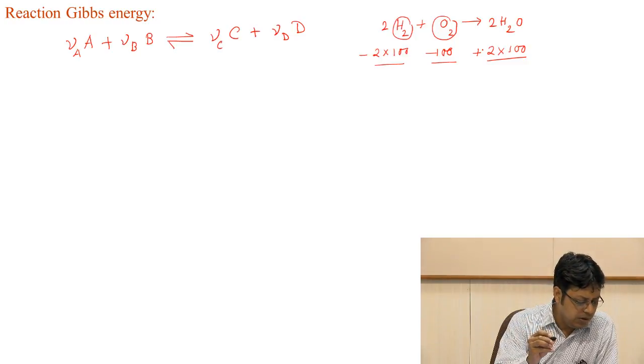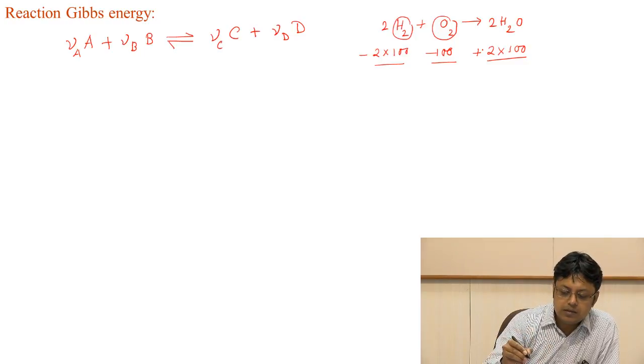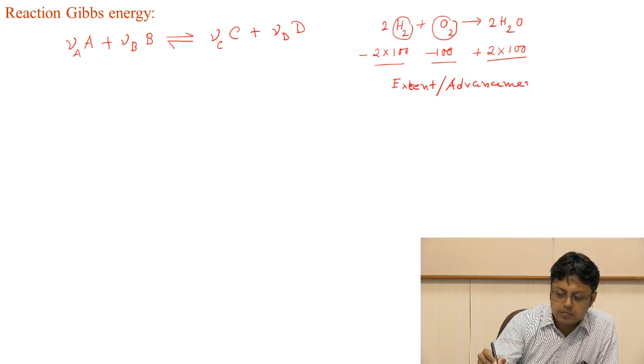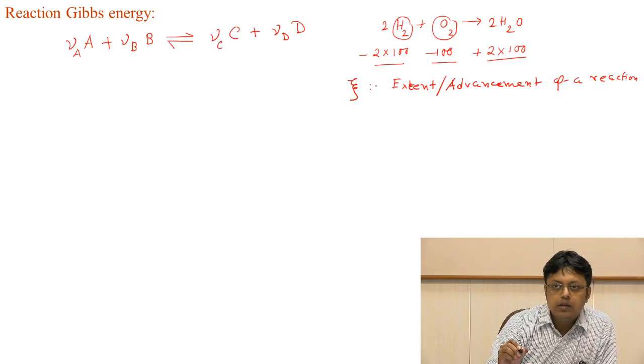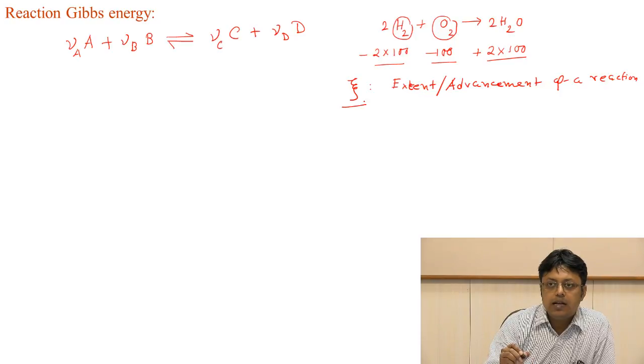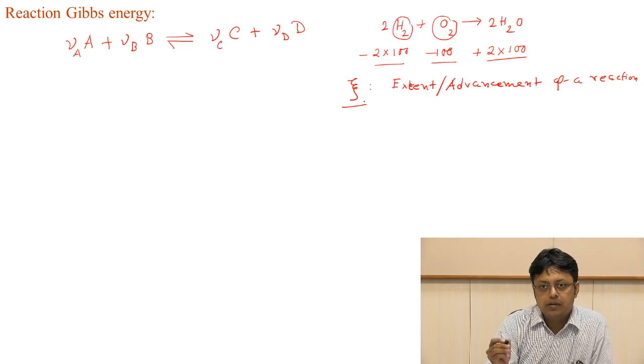That quantity we call the advancement or the extent of the reaction, and we denote it by a Greek letter, called xi. So xi is denoted as the advancement of a chemical reaction.